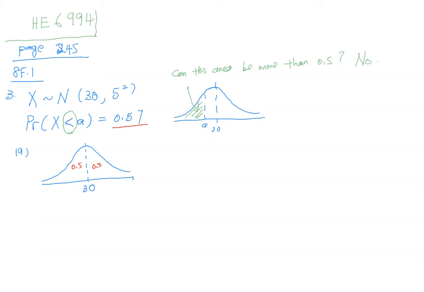That's why the question says use a diagram. So I know that A must be here, so that this area is 0.57. All right. So we know that A has to be greater than 30. Done for the first part.